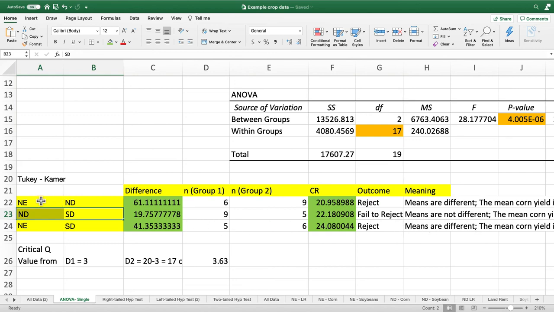From ours, we can see that when we compare Nebraska and North Dakota and Nebraska and South Dakota, we find that the means are different. But when we look at North Dakota versus South Dakota, we can't say that those means are different. And thinking about it, it makes sense that would be true because North Dakota and South Dakota are very similar.